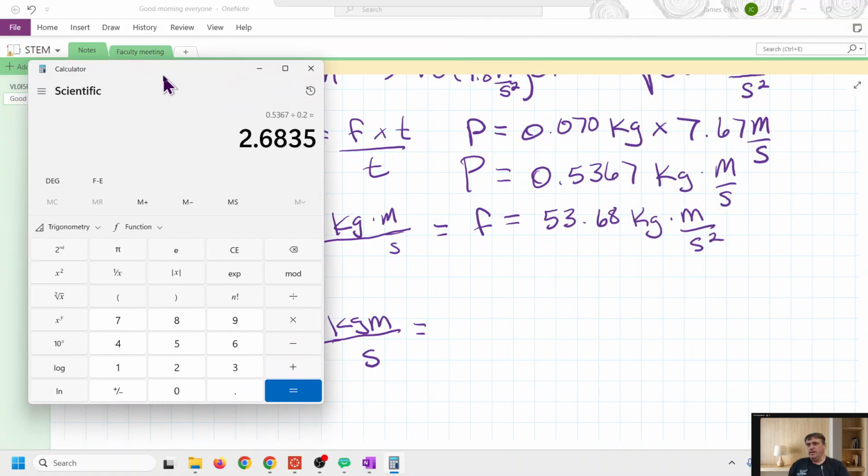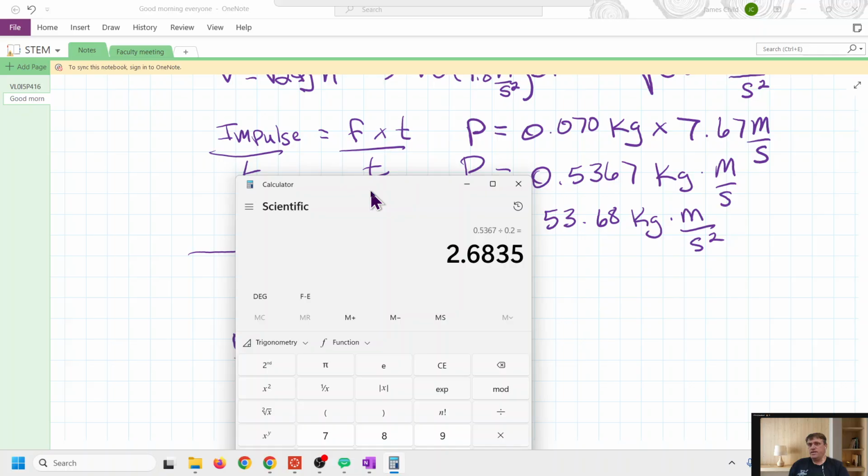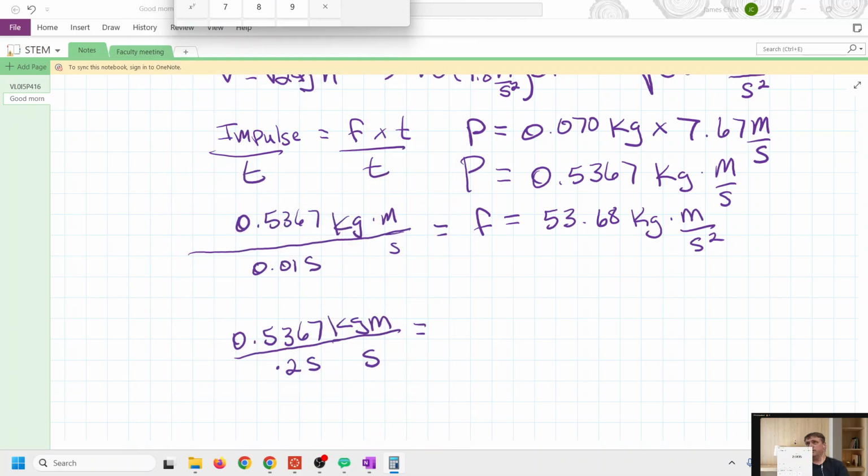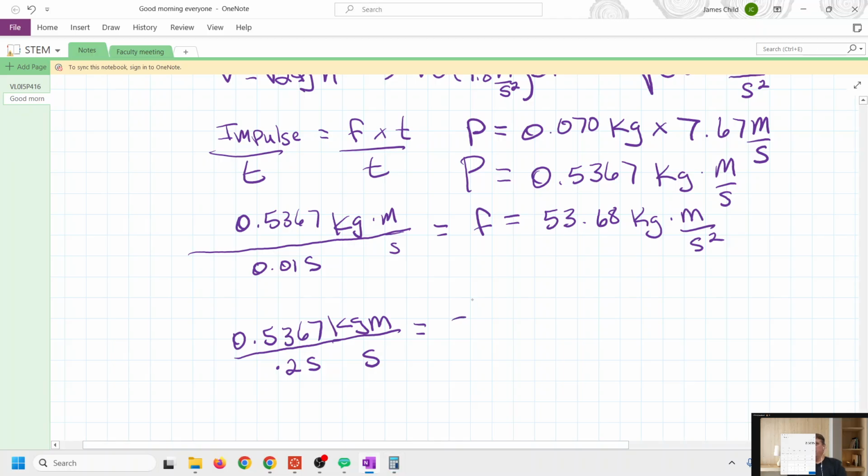So instead of being 53 newtons, it's 3 newtons. My force is equal to 2.6835 newtons, right? Or kilograms times meters per second squared.